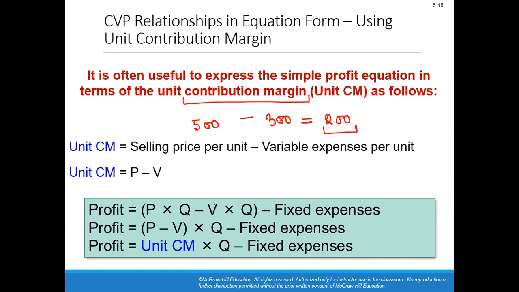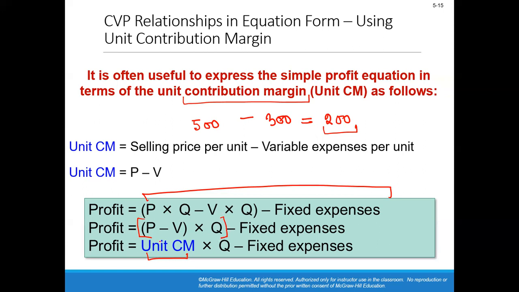So these equations are the same equations, but we have derived the unit contribution margin from the basic long equation. What we are doing is taking the Q separately from the P and V: price minus variable cost, multiplied by the volume, and we need to subtract fixed expenses from this.